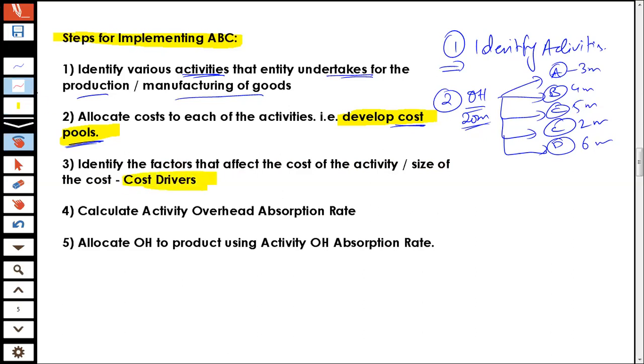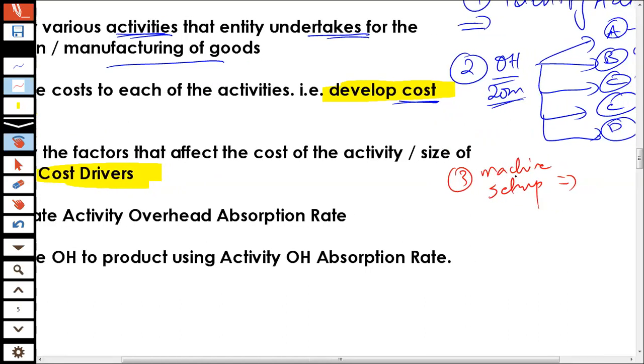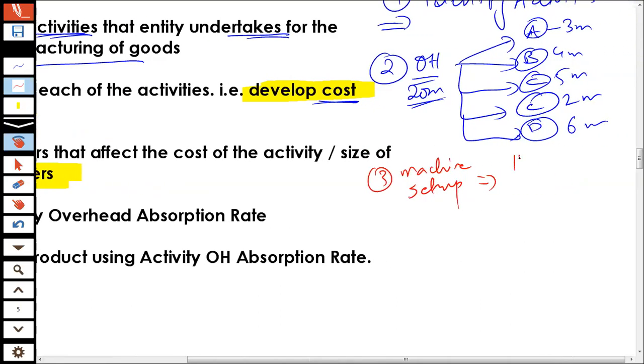What exactly do we mean by cost drivers? Let's say one of the activities is machine setup. Why is the machine setup cost incurred? Because every time you set up the machine, the machine setup cost is incurred. So you would say number of machine setups.